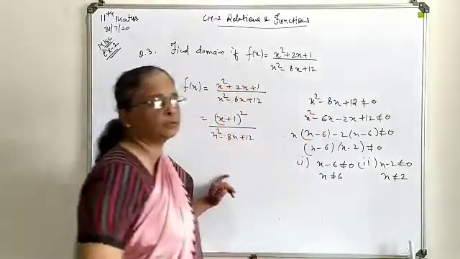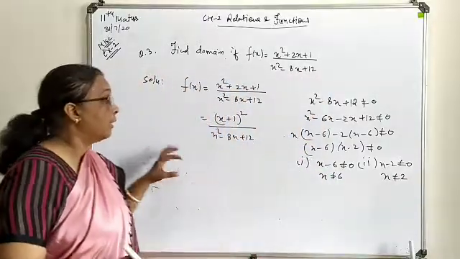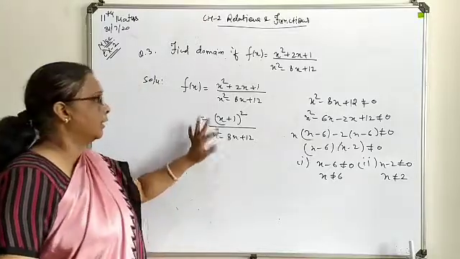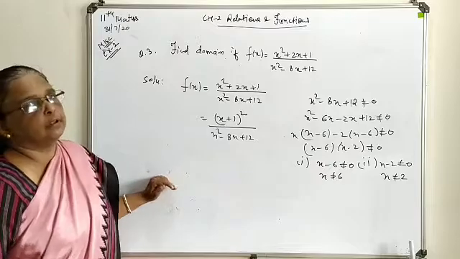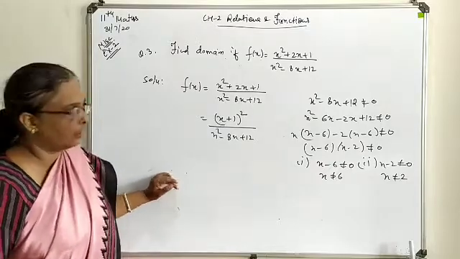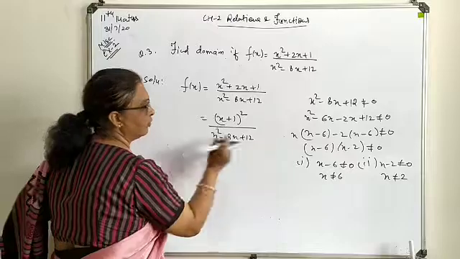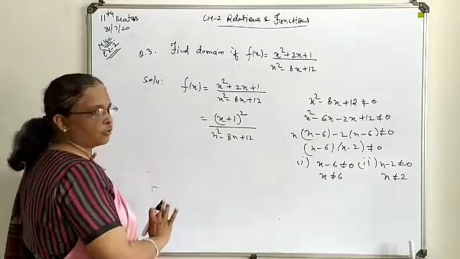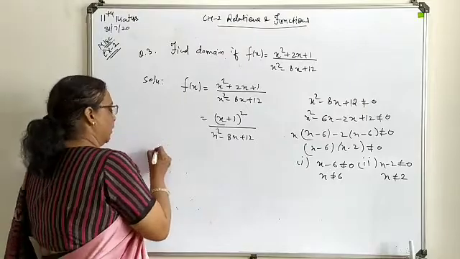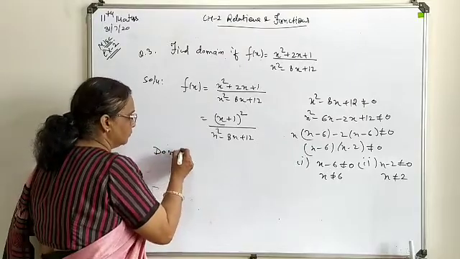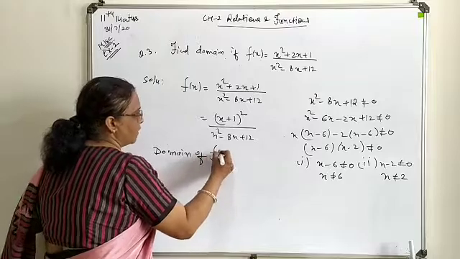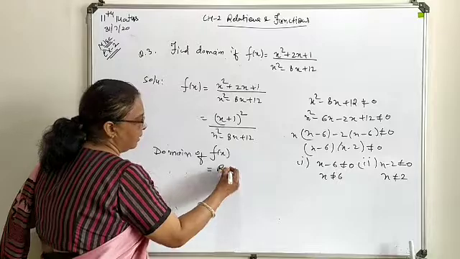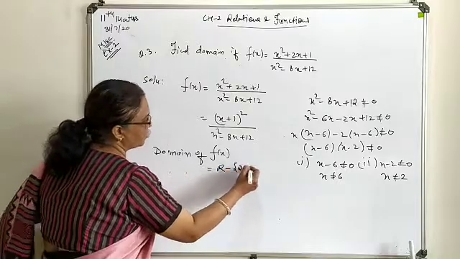So these two values, 2 and 6, you have to cut from R, meaning whatever value of x you substitute, that gives the solution regarding the domain. For these two values, 2 and 6, the denominator will turn to 0 and the whole expression will turn to infinite. That's why the domain of f(x) you will write as all real values except these two values.